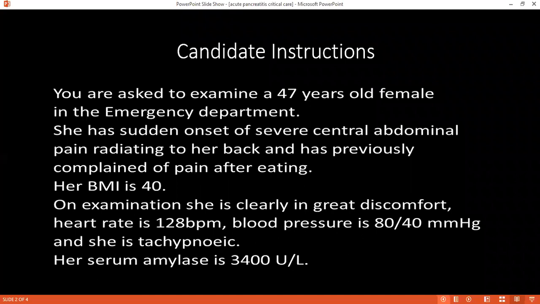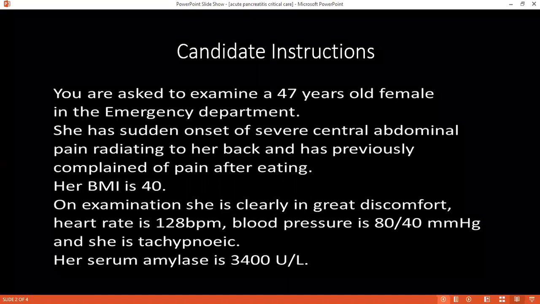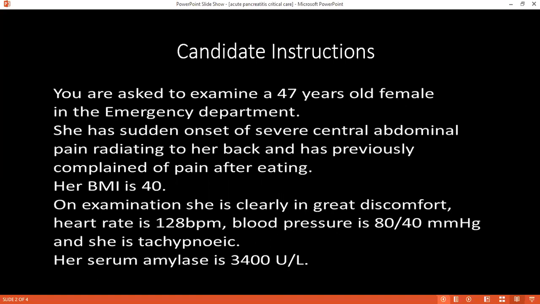I will try pain management for pain relief. I will do routine investigations: CBC, urea and electrolytes, and full blood count. Then I will do ultrasound and CT scan.